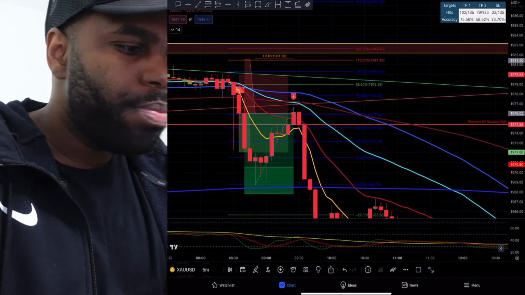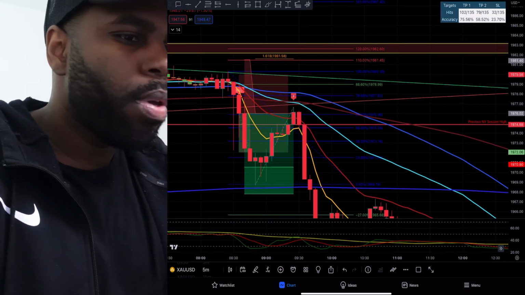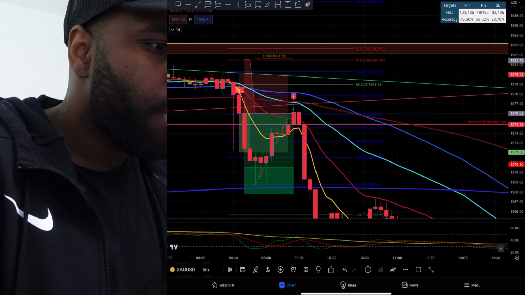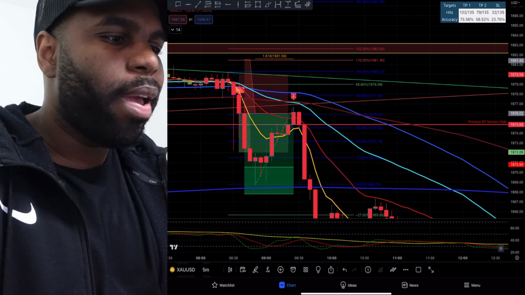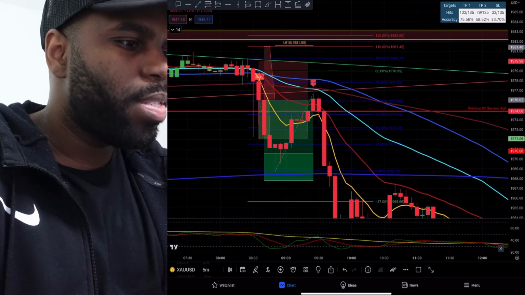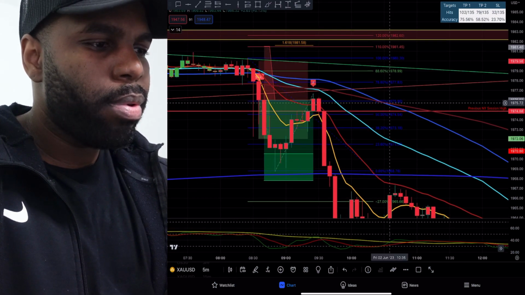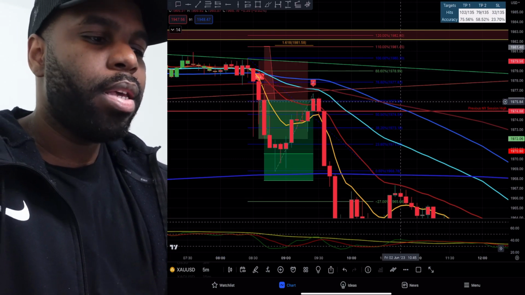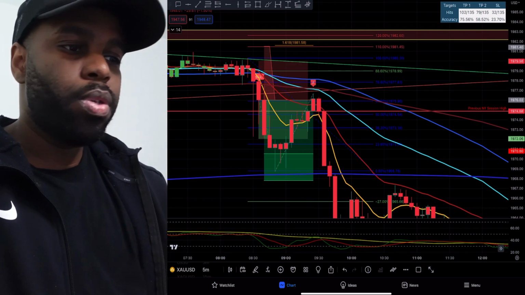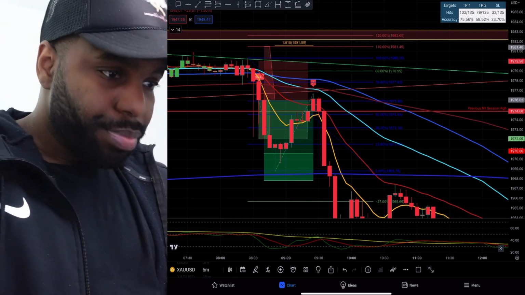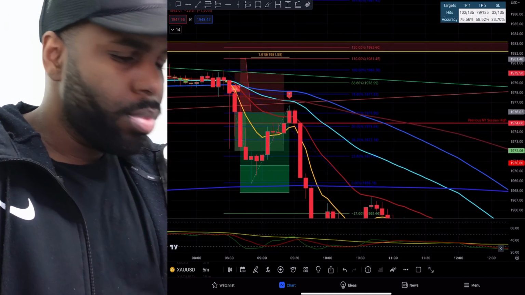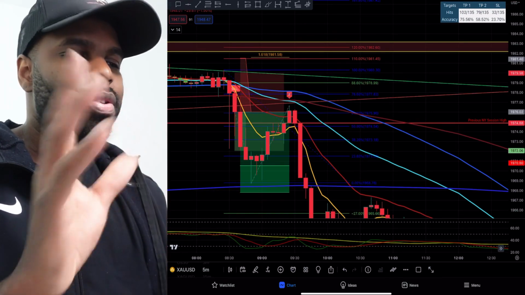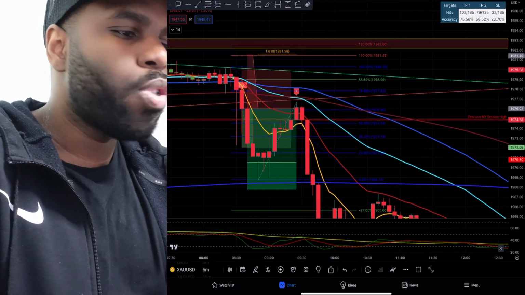And as you can see, price came down and pulled back to the 61.8. The 61.8 is right here, and it pulled back to the 61.8. That's one of the zones that you can get in at. Now don't worry if you don't know about the Fibonacci retracement tool. I'll show you how to use it and how to trade with it.